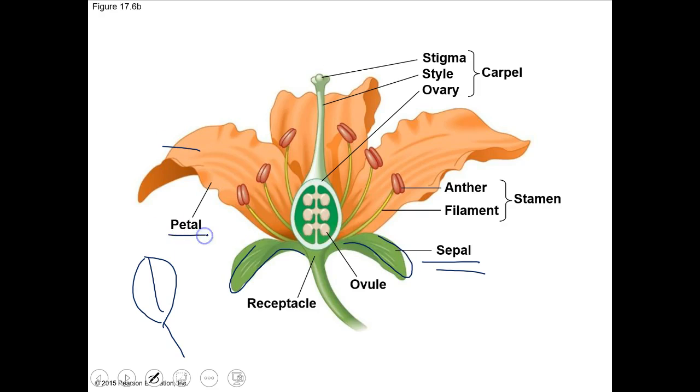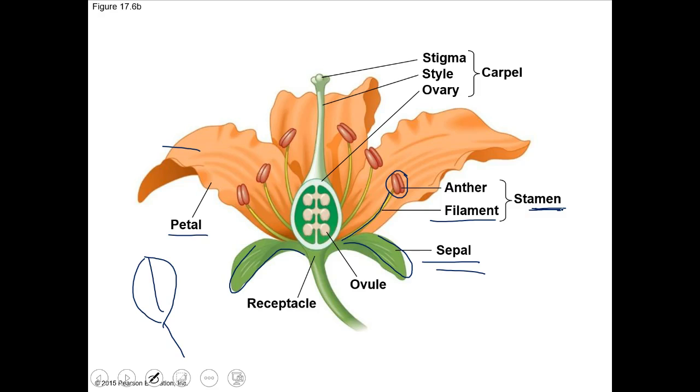Petals are here. They are really showy things for making sure that those pollinators will come to the plant. Anthers are here, so this bit is the anther, and the long tube part is the filament, and they make up the stamen, the men parts. Okay, and then all these make up the female, so we'll look at those next week when we do our little dissection.